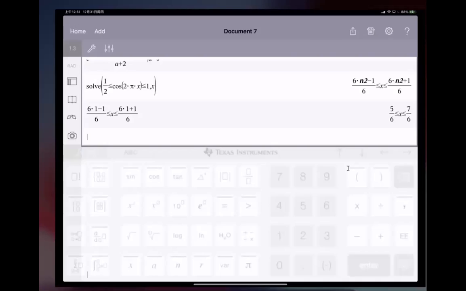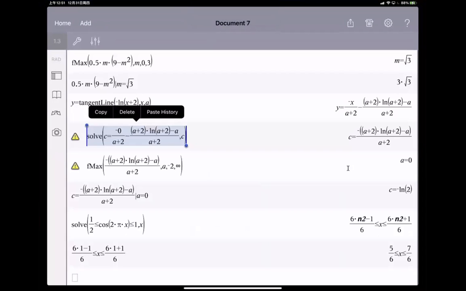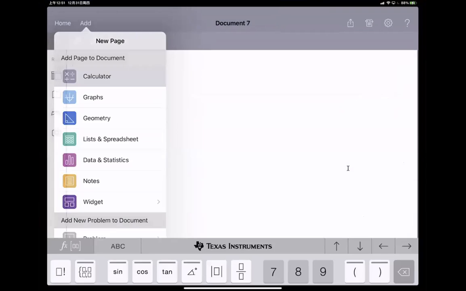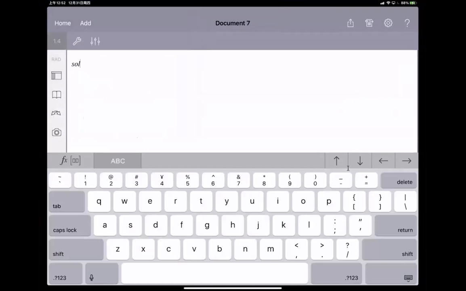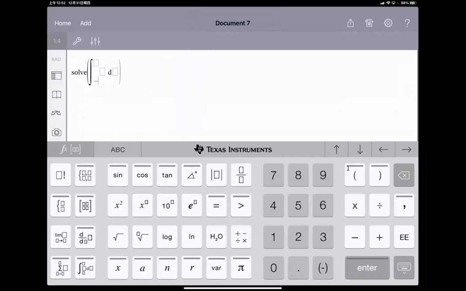Probably I need to demonstrate that because that is not very easy to complete. You need a solve button. You need an integral from minus 4.5 to 0.5 of 1 over 4 times root 2 pi, e to the power of minus 1 over 2 bracket fraction, where's my t?